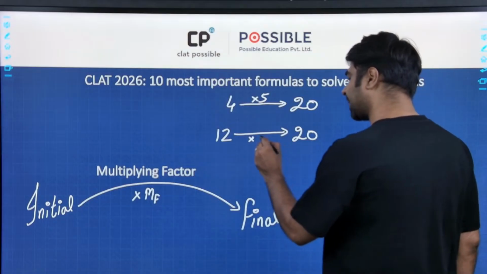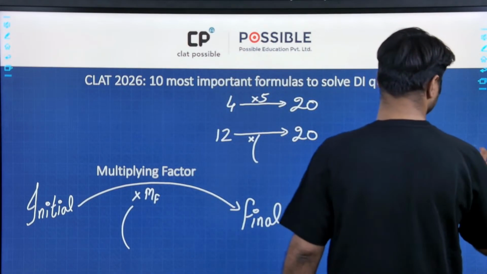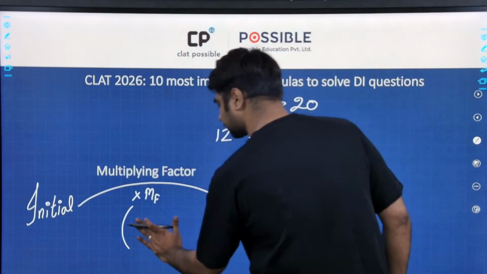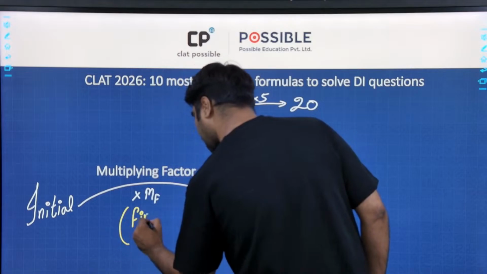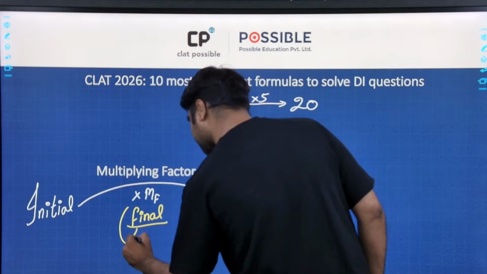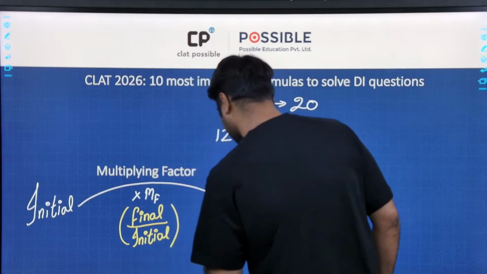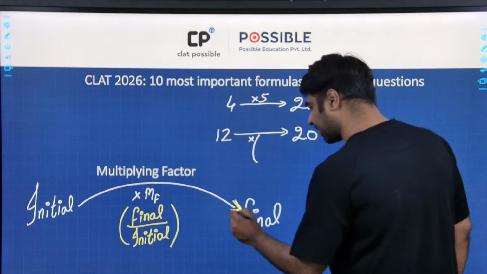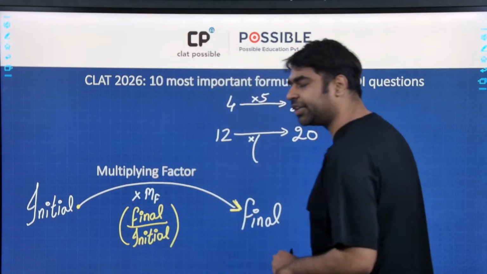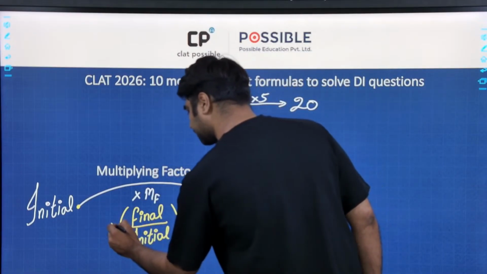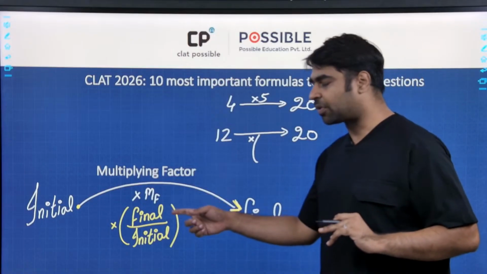So the multiplying factor will be nothing but the final value upon the initial value. The value it becomes, the final value, you'll keep in the numerator. The value from where it starts, you'll keep in the denominator. That is what we call the concept of multiplying factor: final upon initial.